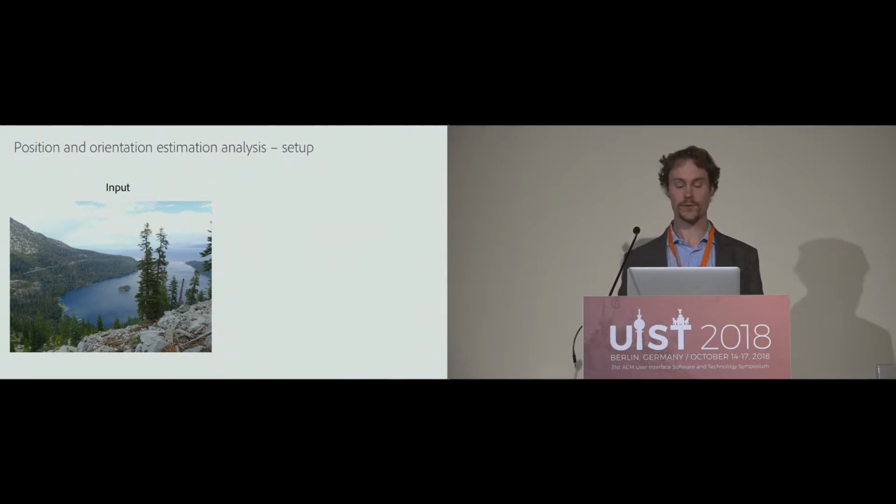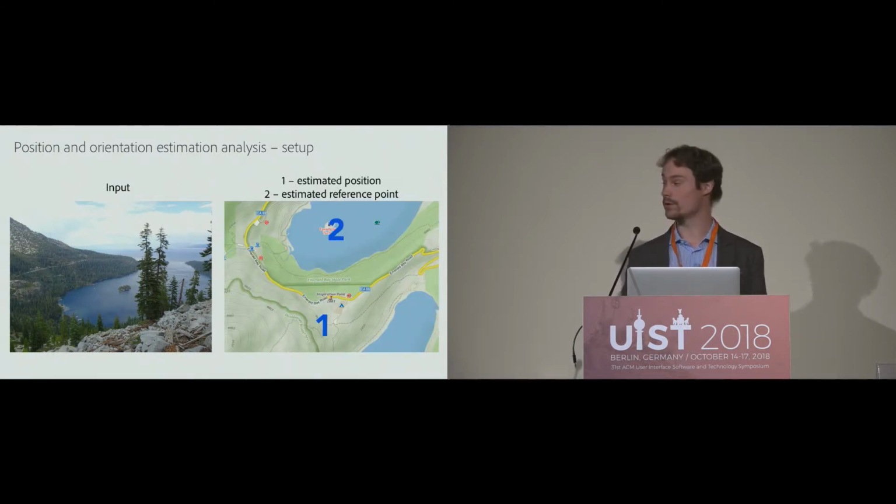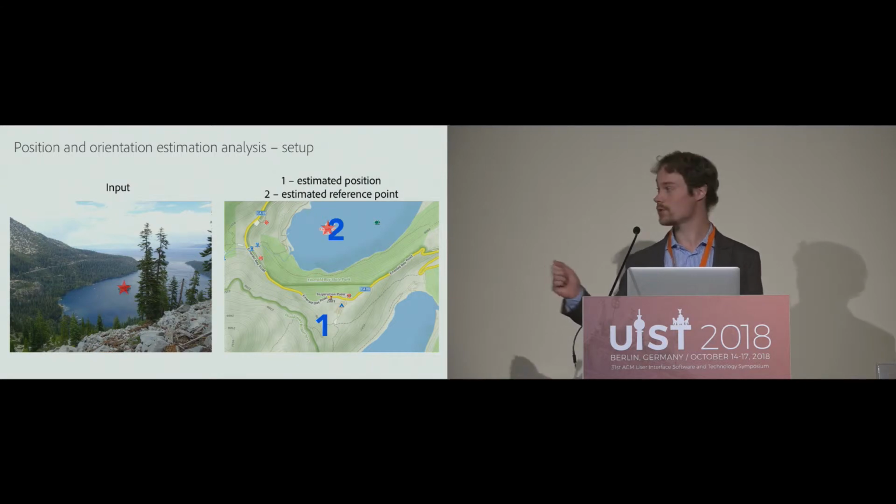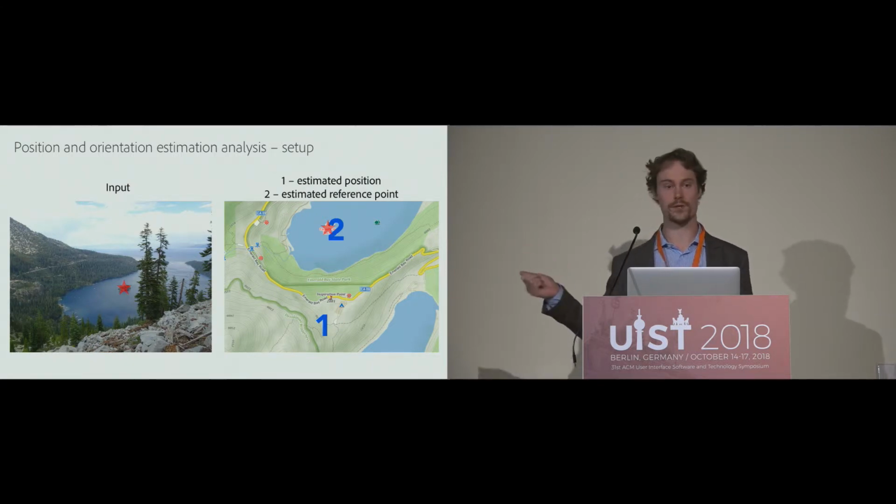And a user gets a photograph, and we want him to show the position, which is marked by number 1, and also a reference point, which is marked here as number 2 and a star. And the same reference point we want to also mark in the original image, so that we may evaluate the position error and also the orientation or heading error in this case.